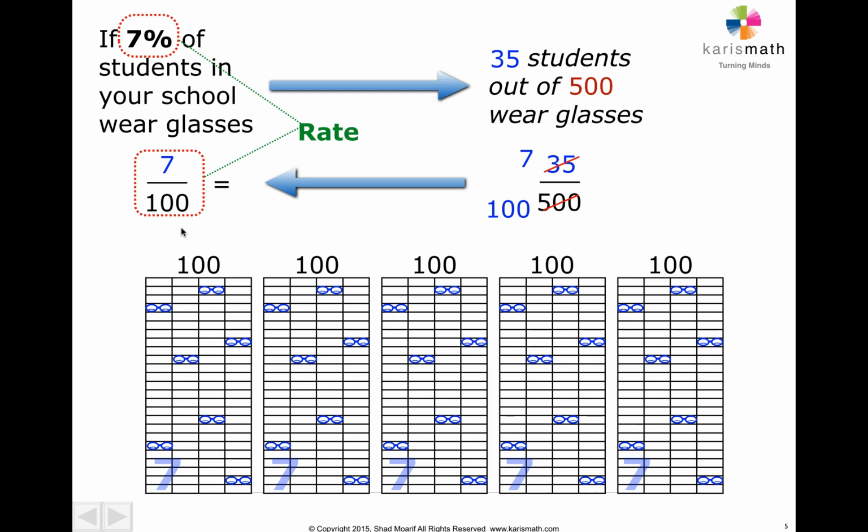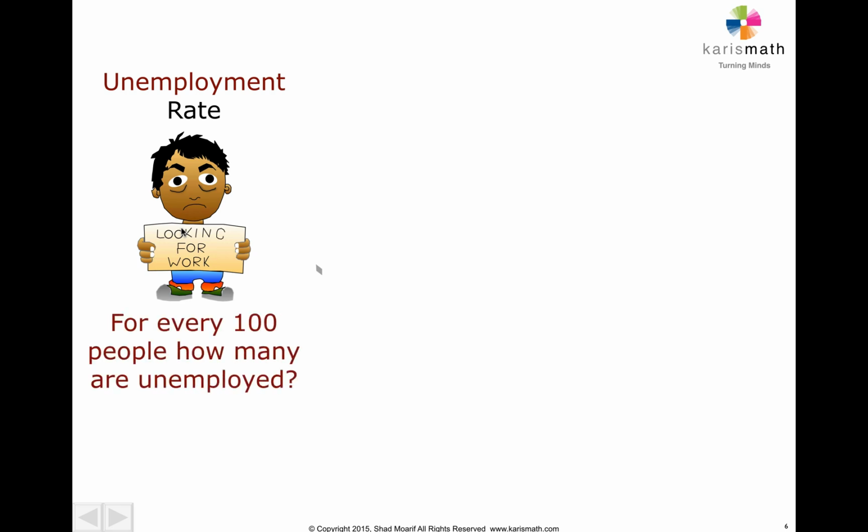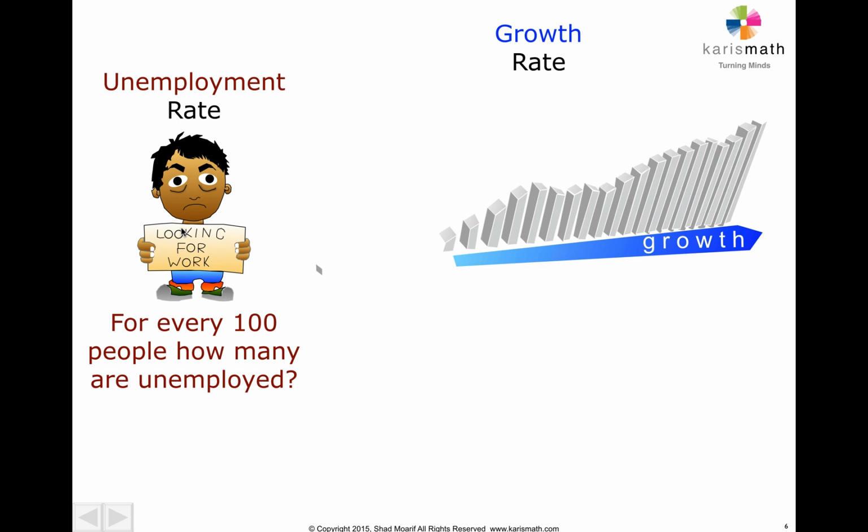Once you know the rate, you can work out how many that would be for 200, for 300, for 1,000, whatever. So you get the idea of a percentage as a rate. Think about it that way. You got rates in everyday life, like unemployment rate. That means, for every 100 people, how many are unemployed, who don't have work? Or growth rate.